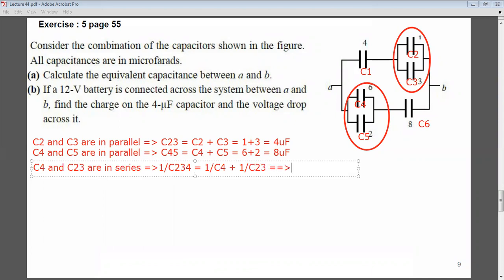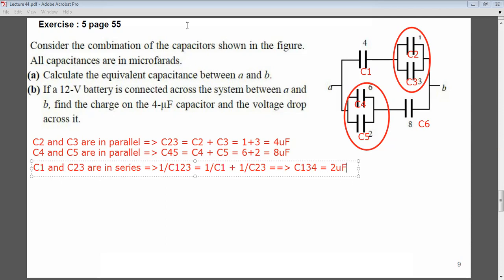From here I get C123 is equal to 2 microfarad.